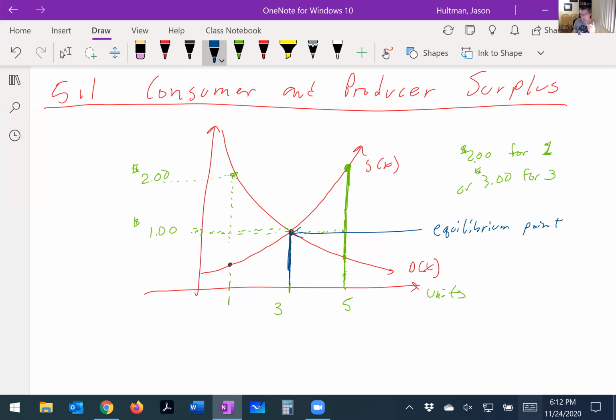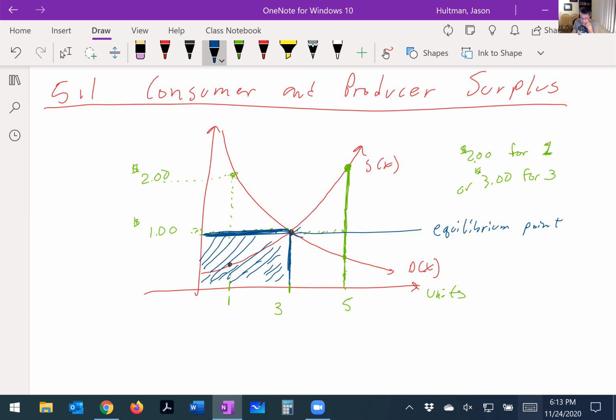That's where demand and supply meet. We actually take the area of this, and the area is representative of the total cost.